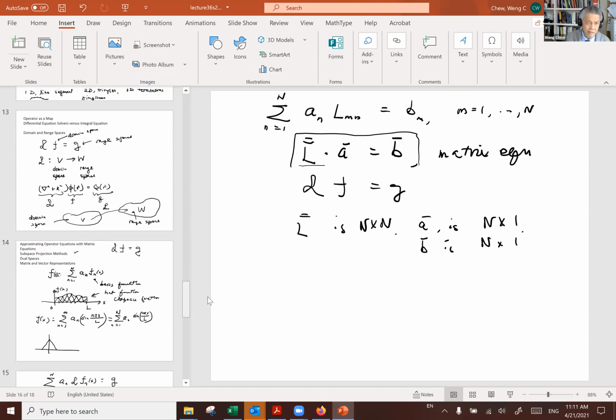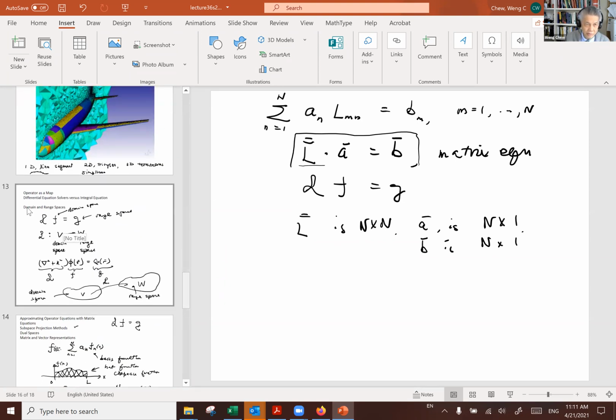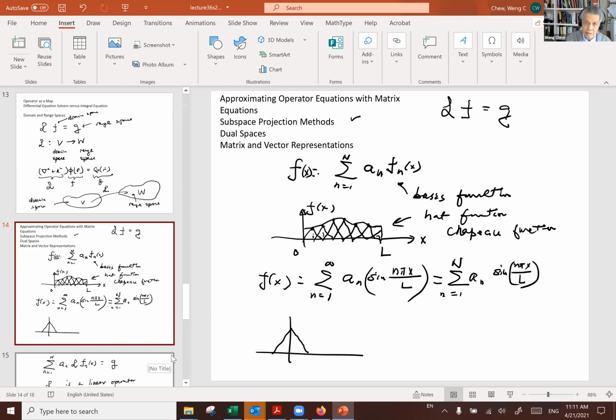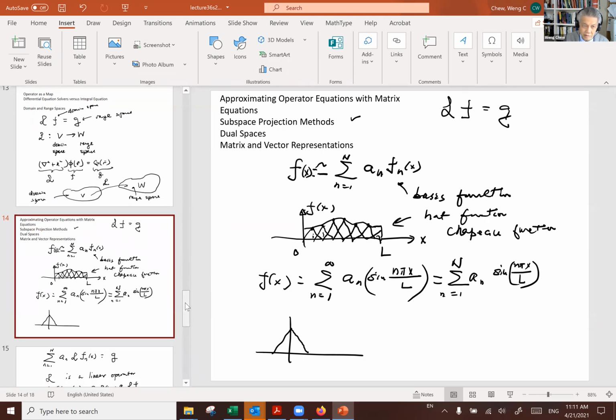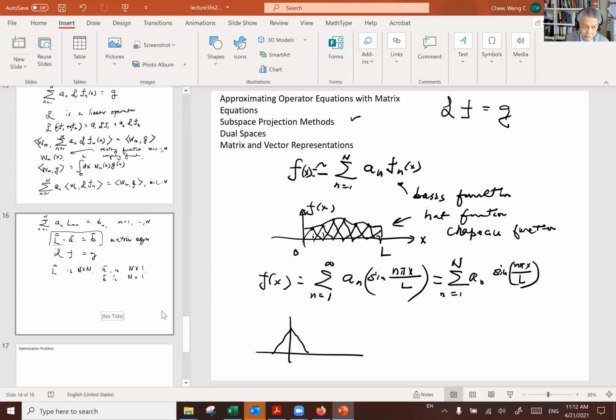That is, given a linear operator equation in the infinite dimensional space, you approximate it. So this should be thought of as an approximation. You approximate with a finite basis set, and the approximation can be quite reasonable if you think of them as interpolatory functions. And once you have this approximation, you can have a matrix equation that ensues from the infinite dimensional linear operator equation.